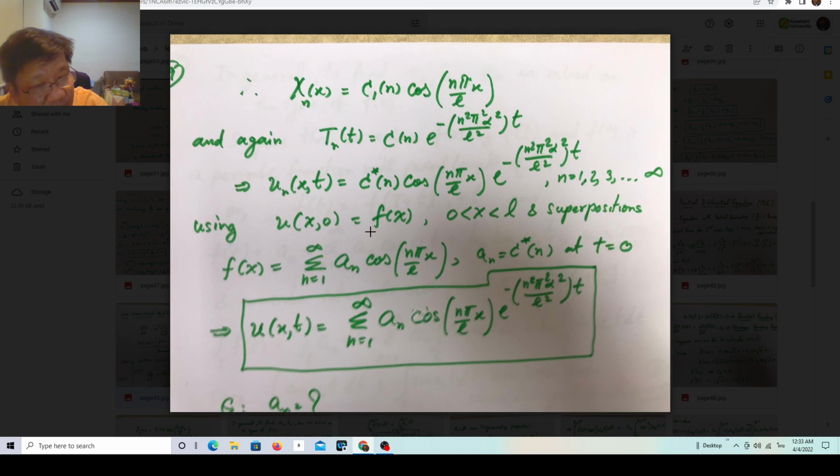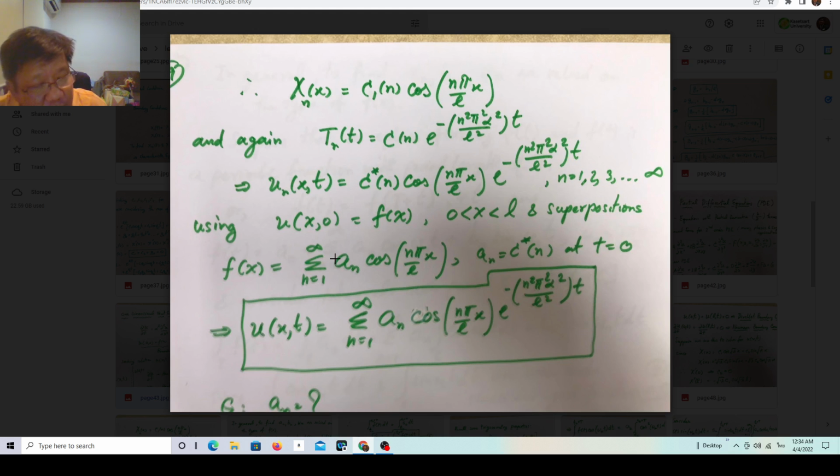And with this boundary condition at t equal to 0, okay, at t equal to 0 for all domain x here, and with the superposition, therefore with this condition f of x has to be equal to this.